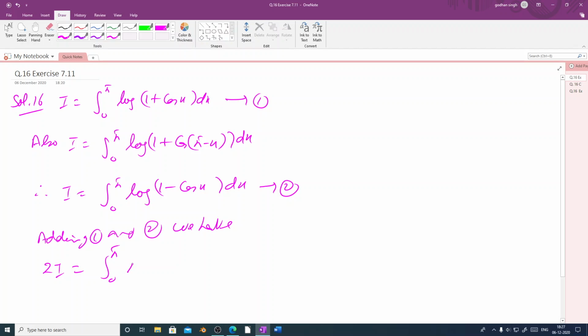We know that log a plus log b is log(a into b), so this gives log of (1 plus cos x) into (1 minus cos x) dx.